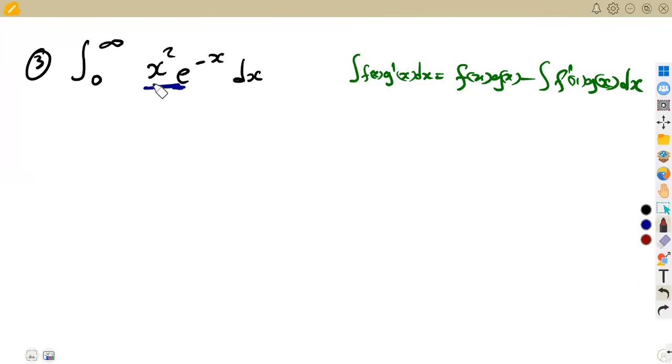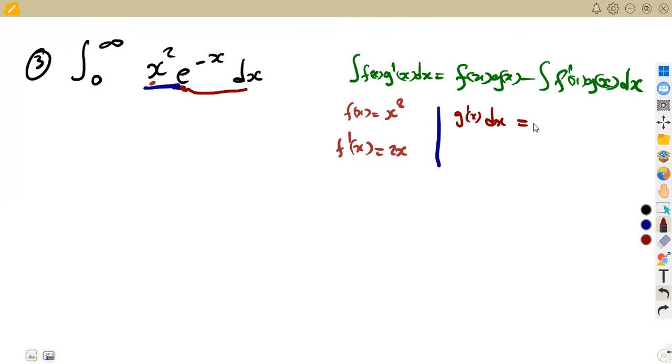We can choose f of x to be x squared, so its derivative with respect to x, dropping the exponent, is 2x. On g of x, we integrate g prime x dx, which is the remaining part, e to the exponent of minus x dx.